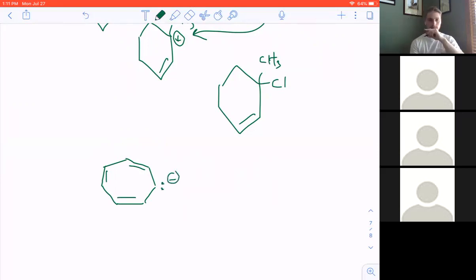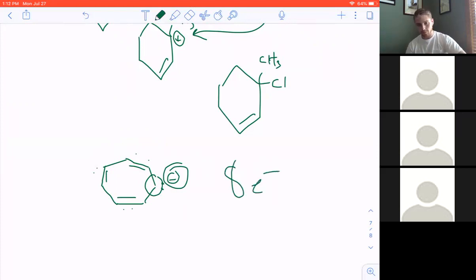To determine aromatic or not, you're just going to look for delocalized electrons. So you have 1, 2, 3, 4, 5, 6. In order for this to be planar, we're going to assume that this is already sp2, with this being a delocalized pair of electrons. That means we have 8 total electrons.